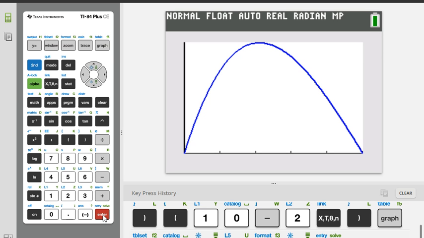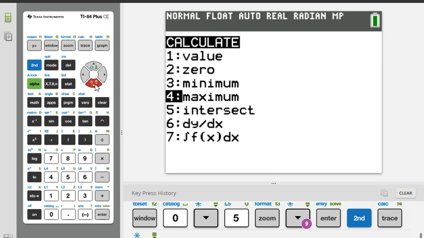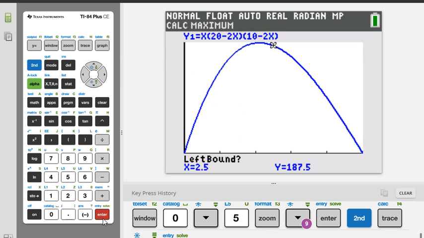Now, how do I find the maximum point on the graph? Second trace. I want my maximum point. Move my spider to the left of my maximum, then to the right of my maximum.